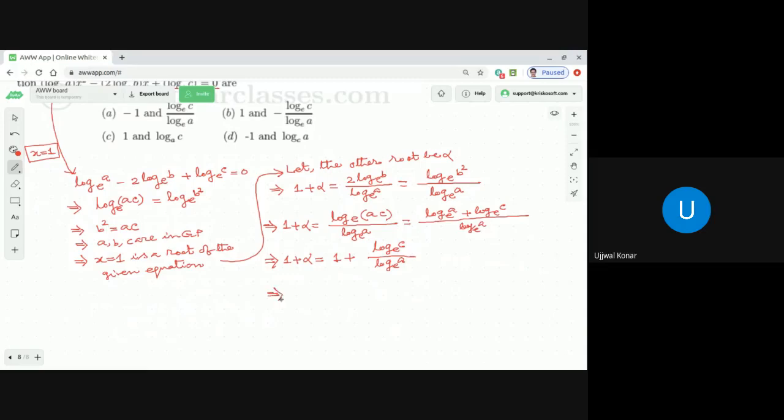So 1 got cancelled from both sides, so alpha is equal to log of c base a. So this is the other root, and the other root we already found is x equal to 1, and eventually we get option C as the correct one.